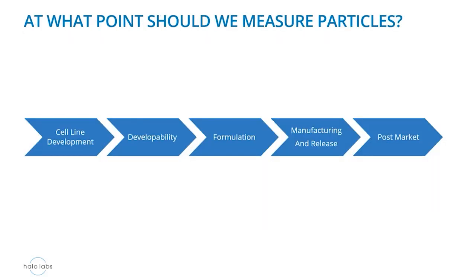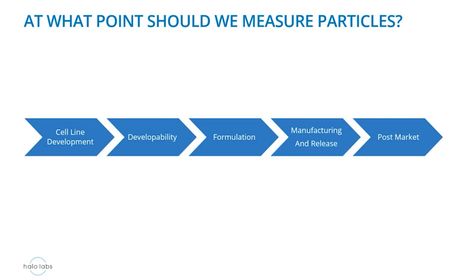I'm sure it resonates with you when I say that the bioprocess is long and tedious, complicated at times, right? Because you want to measure the stability of your samples at every stage of the pipeline, but it's not always possible at every stage, because methods that have existed up until now don't allow for low volume capabilities. Let's say you're at the early stages and you just don't have enough sample material to work with.